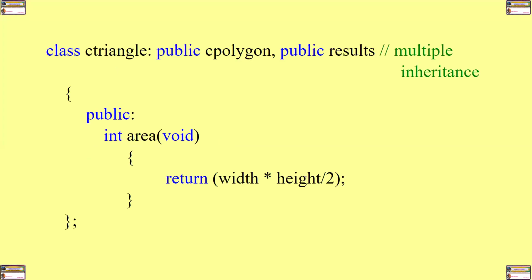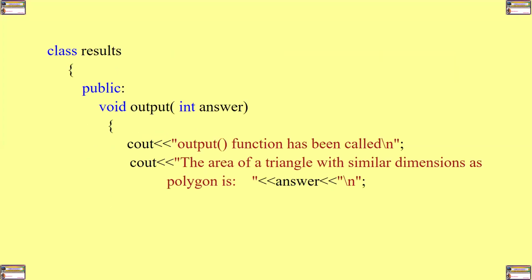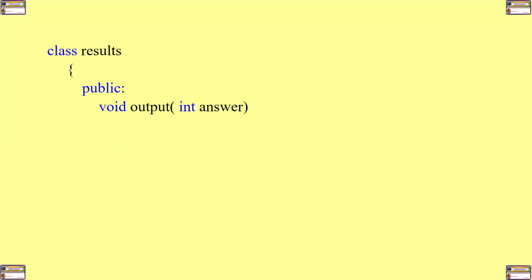Output is a member of the base class called results. So that value is going to be received as answer. You can see it is of type integer.